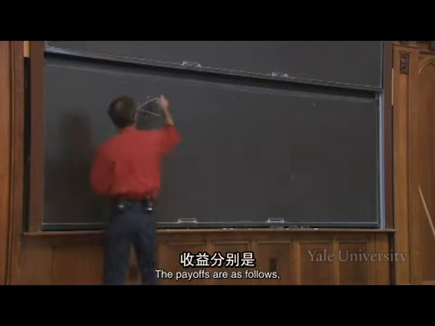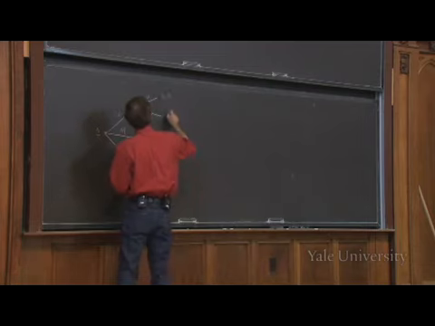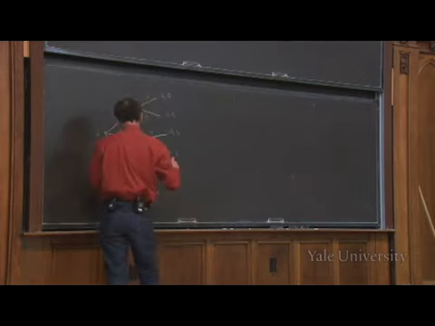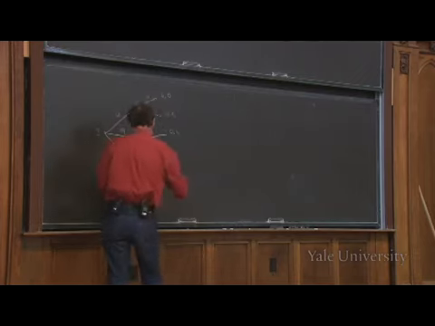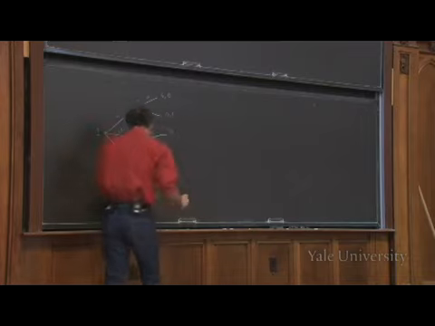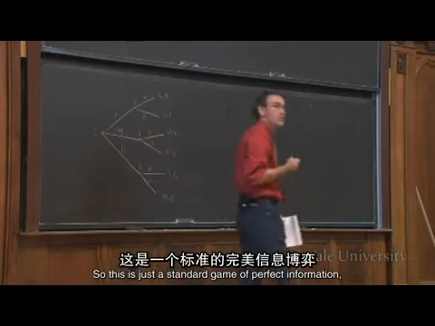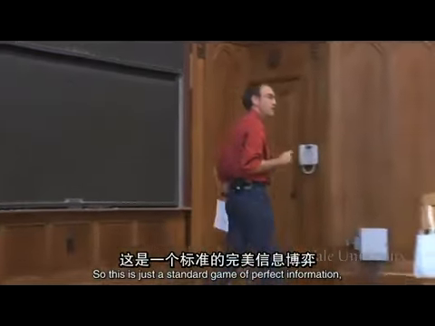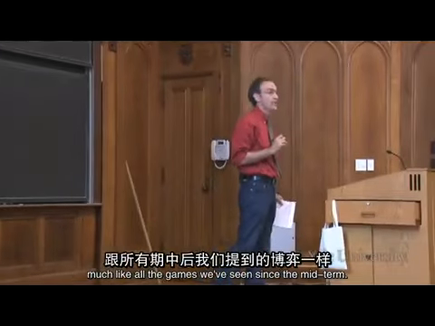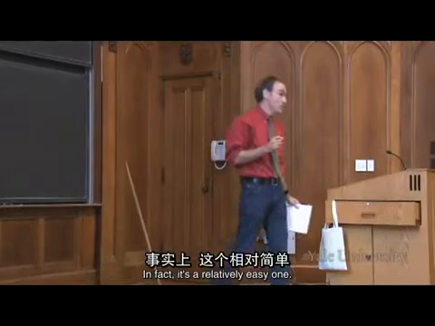The payoffs are as follows: 4, 0; 0, 4; 0, 4; 4, 0; 1, 2; 0, 0. So this is just a standard game of perfect information, much like all the games we've seen since the midterm. In fact, it's a relatively easy one.